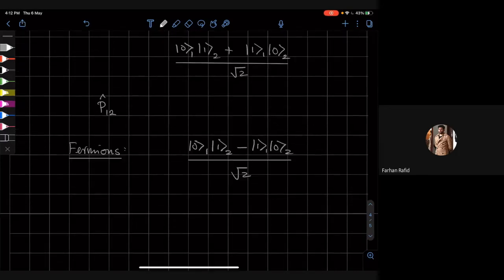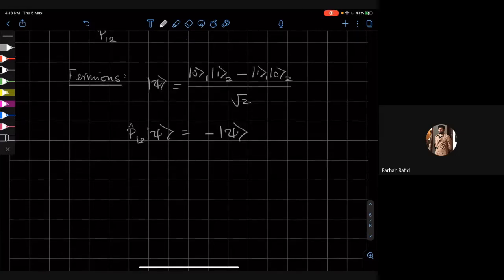Right? Because if this is our wave function, then P12 psi is this thing. Okay, so this is an example.